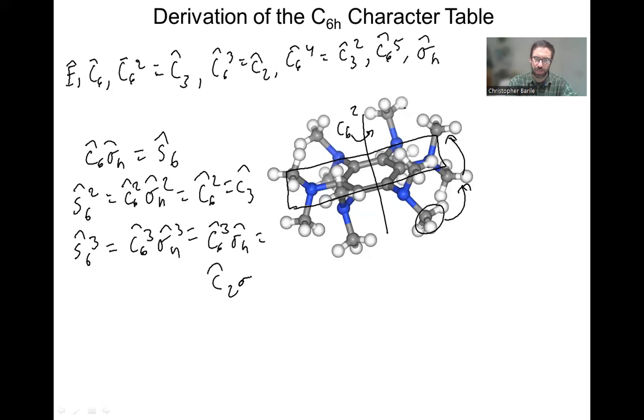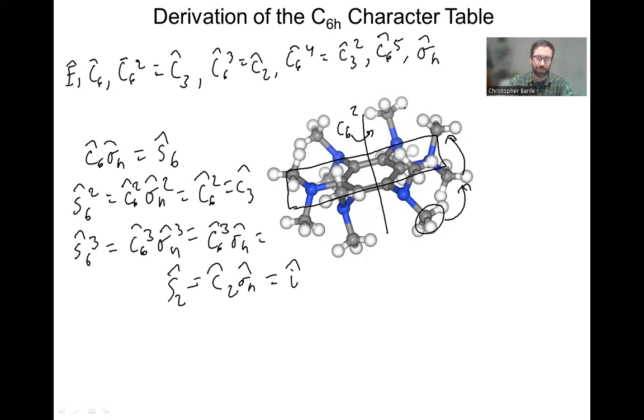So that's a C2 sigma h, and a C2 sigma h is actually the same thing as the inversion operator. I have another video that goes through why C2 sigma h, or S2, is the same thing as inversion. But basically this S6 3 times here we can write as inversion.